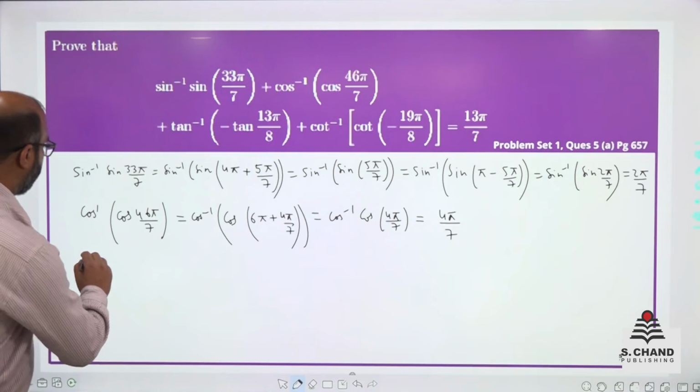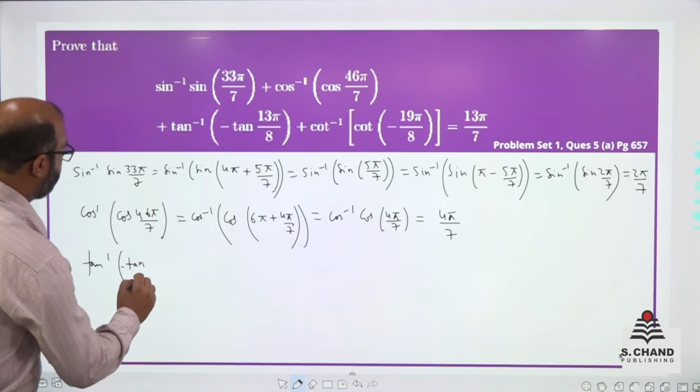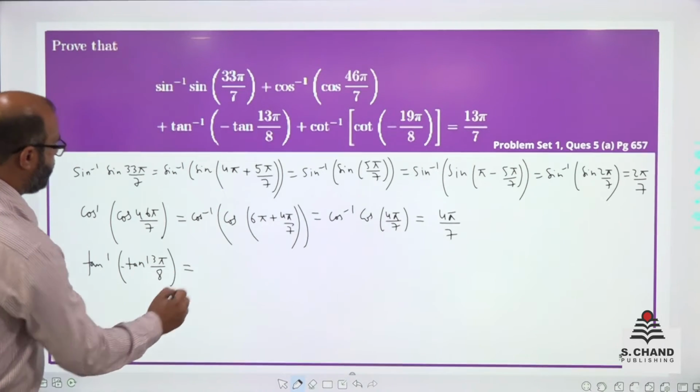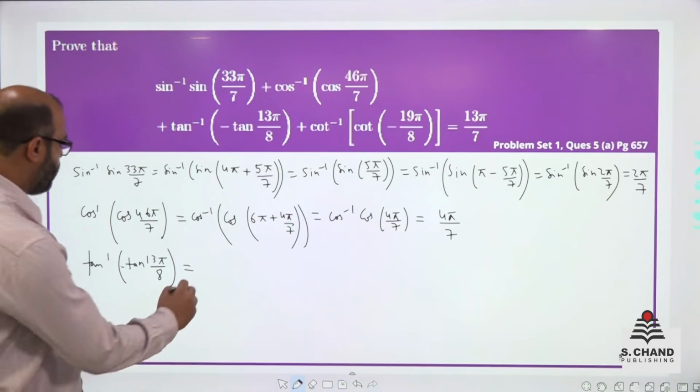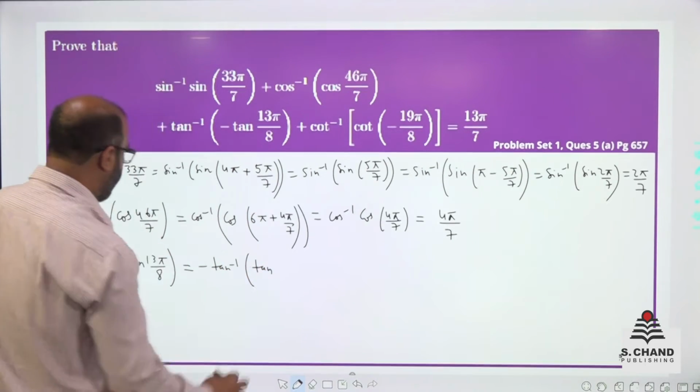Next we have tan inverse of minus tan 13 pi by 8. So first of all let us take the minus sign outside and this becomes minus tan inverse of tan 13 pi by 8.